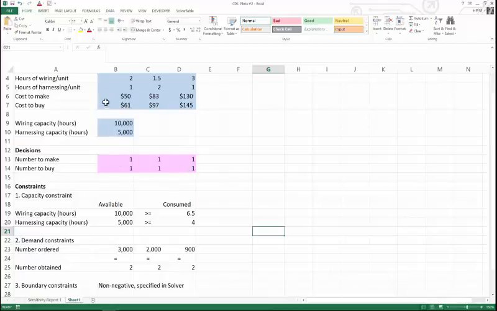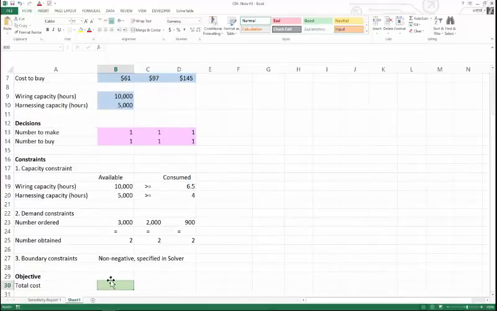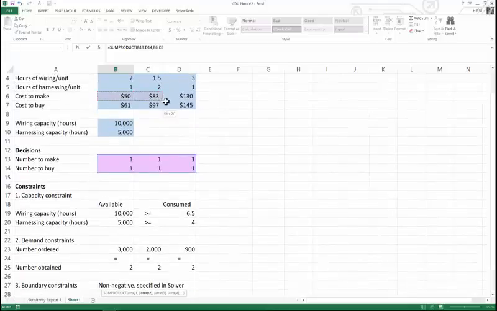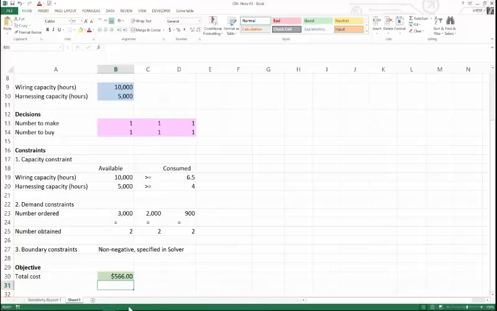They are put in a 2 by 3 range, so we can use SUMPRODUCT again. So SUMPRODUCT of all the changing cells in this range with those cost parameters. All right, so that is the total cost if we produce 1 unit for each model and buy 1 unit for each model.